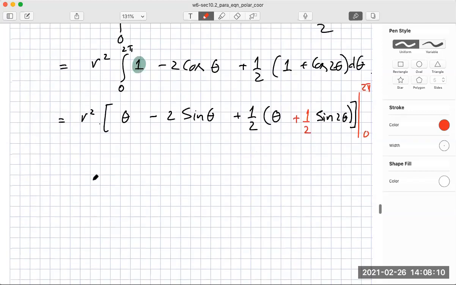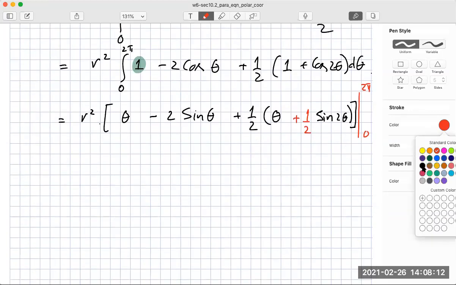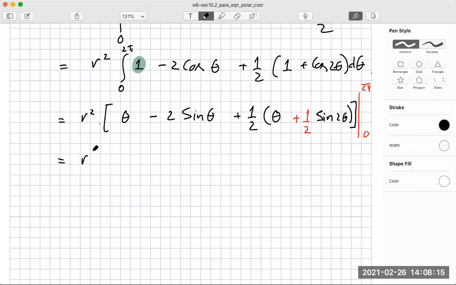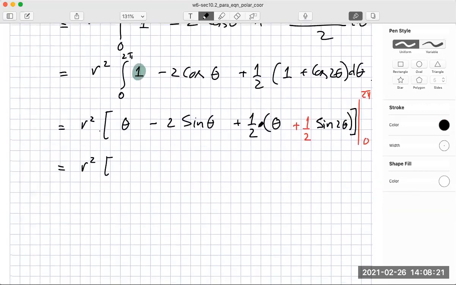Okay, now let us simplify it first. Theta plus here is 1/2 theta, right? Therefore, it will be 3/2 theta minus 2 sine theta plus 1/4 sine of 2 theta.